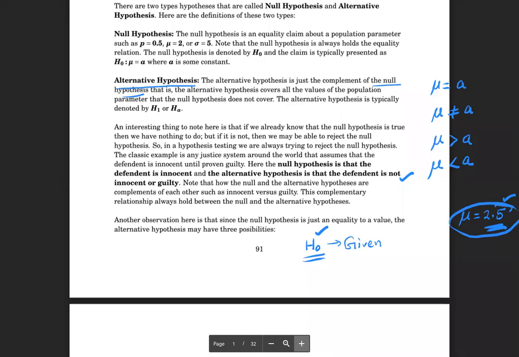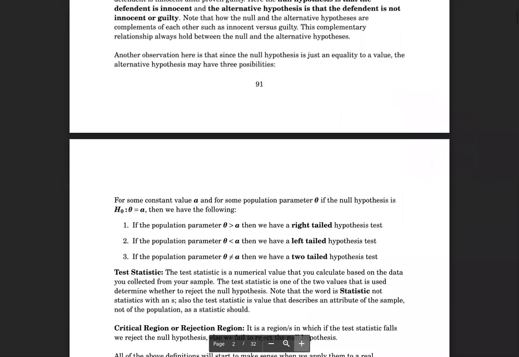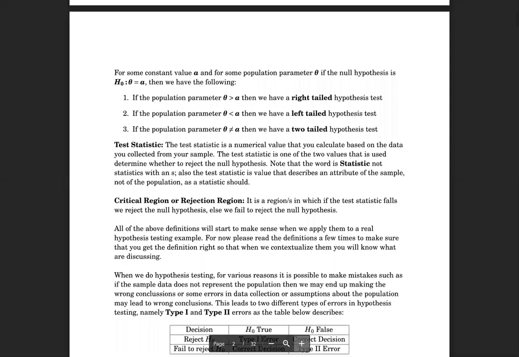You don't need to justify it again. What you want to justify, however, is that this number is different. Either it's greater than, or it's less than, or it's not equal to, which means it could be either greater or less. So you don't need to justify the same thing again and again.